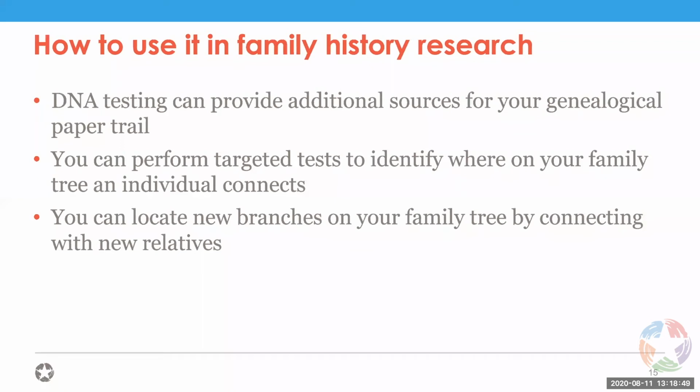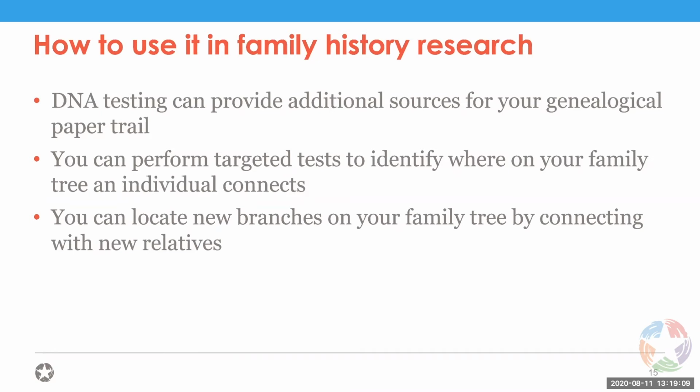Or you might even find out that a great uncle might have been placed under the wrong side of a family tree. If you thought he was related to you through your mother's line, but you matched on your Y DNA line, you can find out that way that they're more paternal rather than maternal.